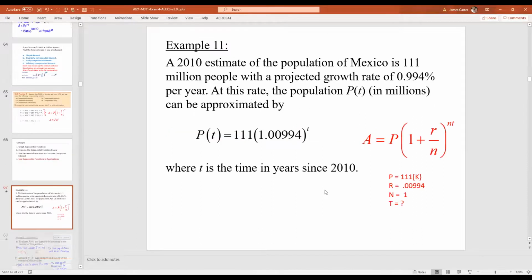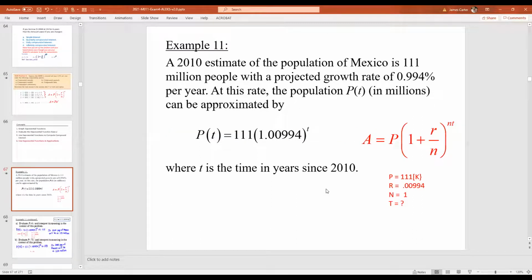Now we're going to do some applications. Estimate of the population of Mexico in 2010 was 111 million people. By record keeping, they say that the population grows about 0.994%, or 0.00994, every year.